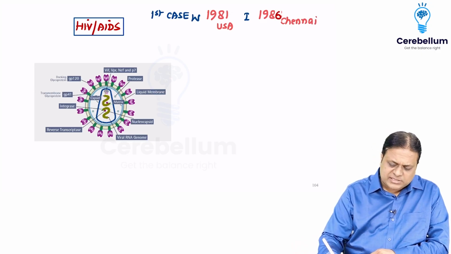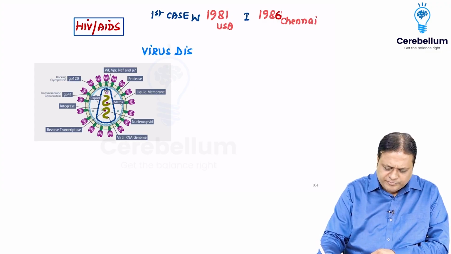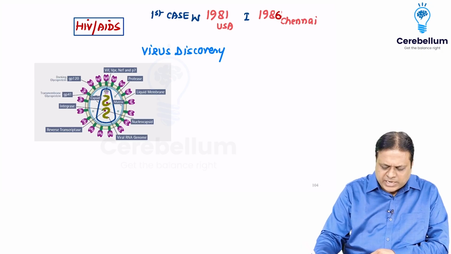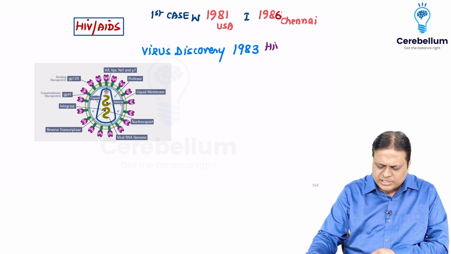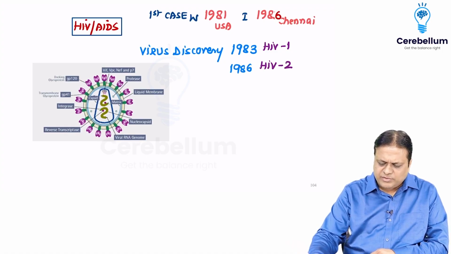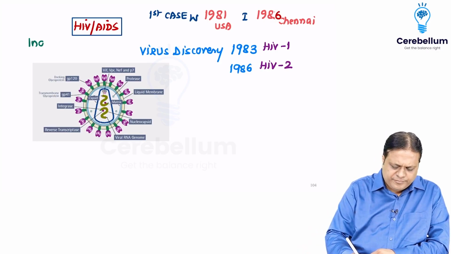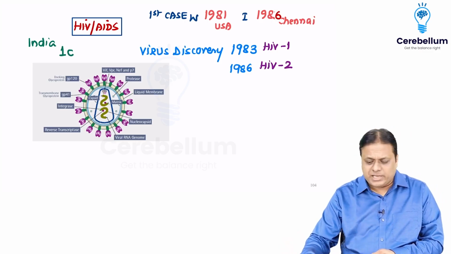But if you are asked first virus discovery, that was in 1983, where HIV-1 was discovered, and in 1986 HIV-2 was discovered. When we look at India, HIV virus 1C is the commonest subtype.